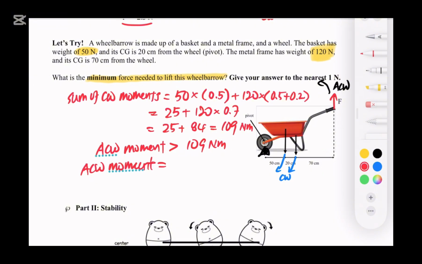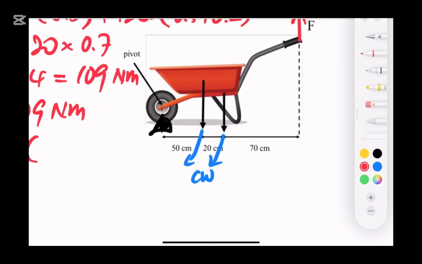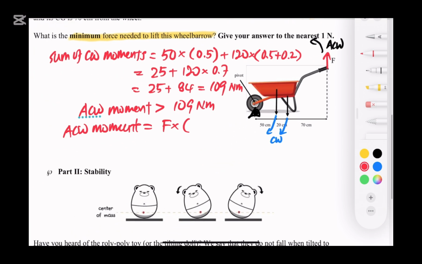Okay, so first I go and calculate the ACW moment. And that is the force multiplied by the total perpendicular distance, 50 plus 20 plus 70, of course converted to meters. So this gives me 1.4 times force. Okay, so now it's your mathematics.